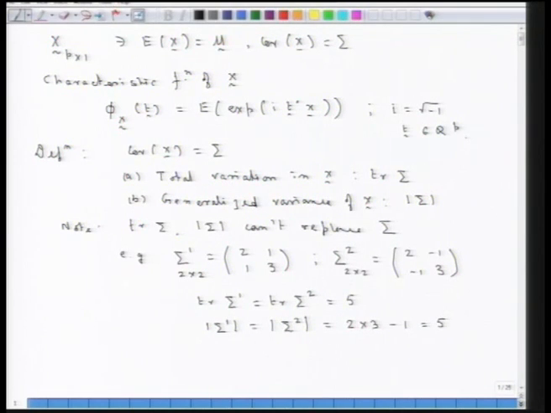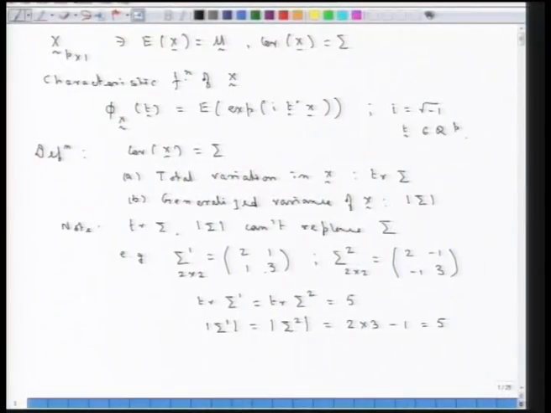So, the total variation in sigma 1 and sigma 2 are both equal to 5, and the generalized variance of the underlying random vector x is also equal to 5 for both. So, both covariance matrices have the same measures of total variation and generalized variance. However, the two covariance matrices themselves are clearly different. So, these two quantities are not enough to replace the covariance matrix as such.